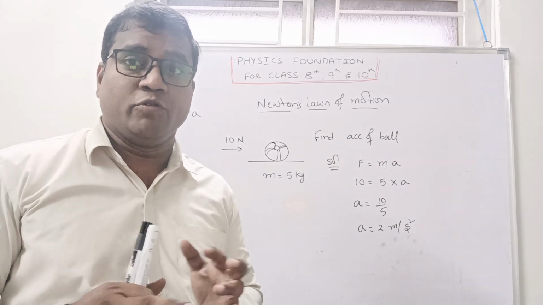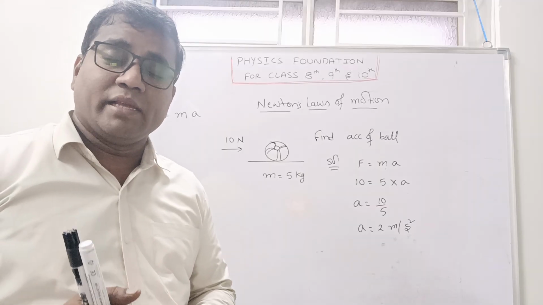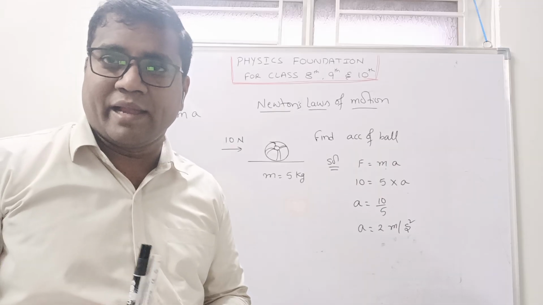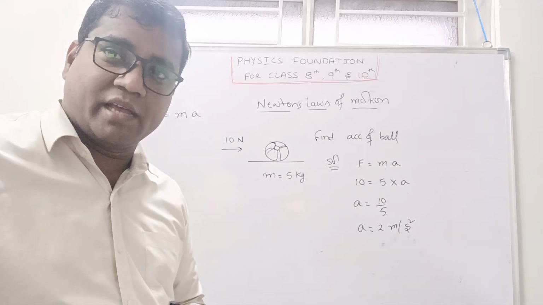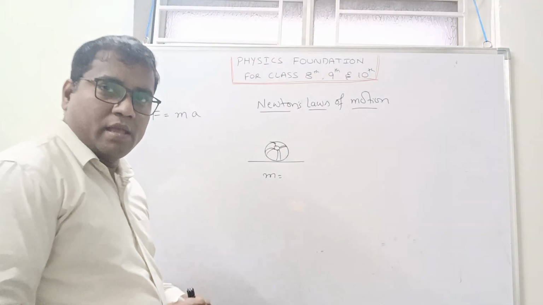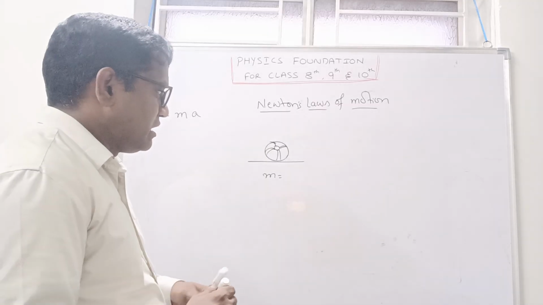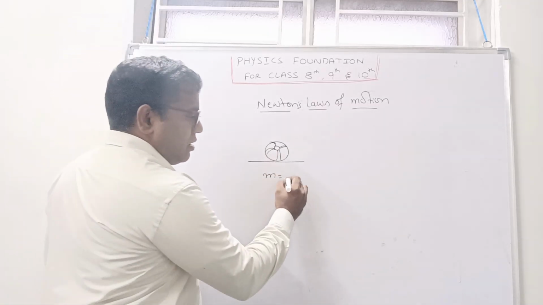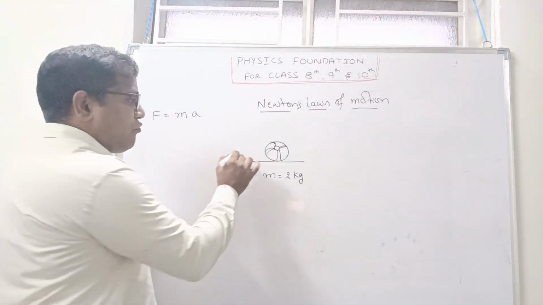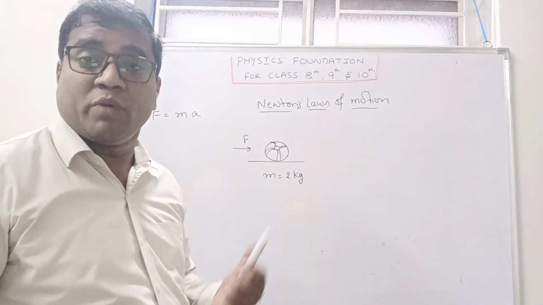That means when a force is acting on a body, the body should get accelerated. One more question we will see, for example, the same question solved in a different way. Here mass is 2 kg. Force is applied, but he didn't mention how much force it is.